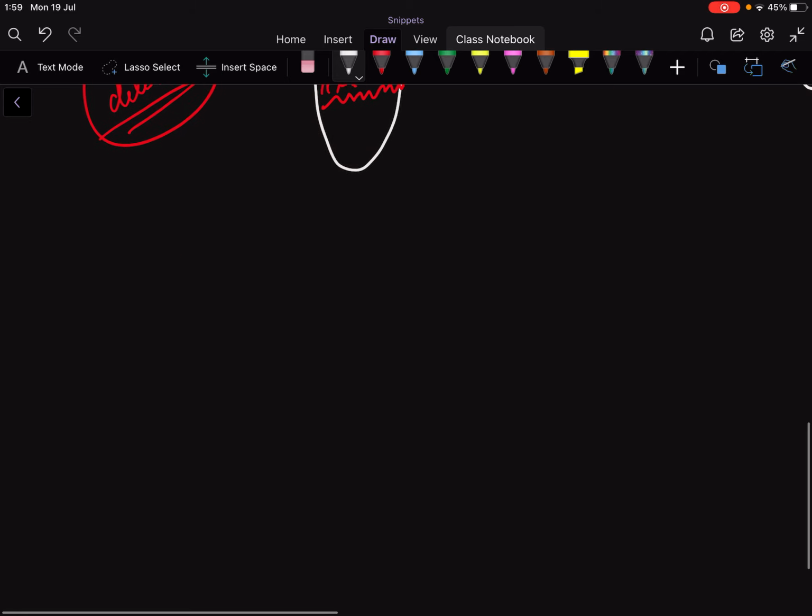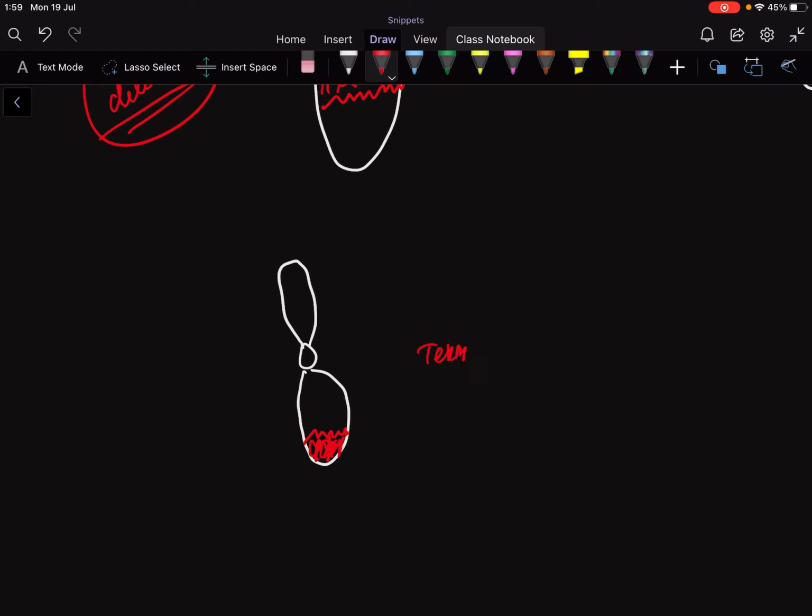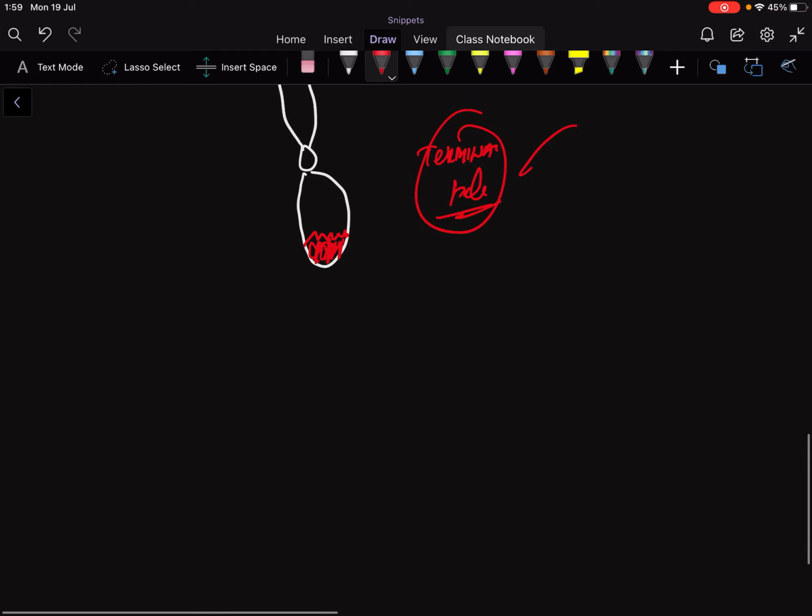That was about interstitial deletion. Next we will talk about terminal deletion. What will happen in terminal deletion? There is a single breakpoint and this part is deleted. These are called terminal deletions. So that was about deletions.